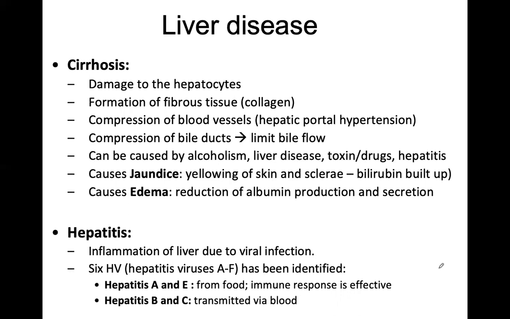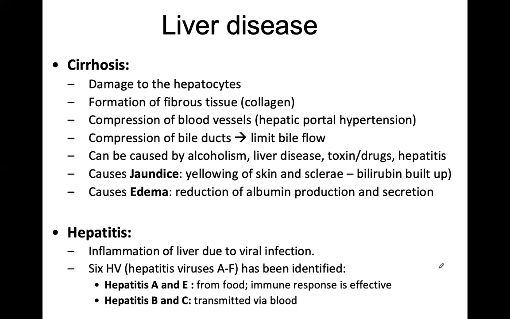Hypertension simply means high blood pressure. It can compress the bile duct, which is responsible for production of the bile, therefore limiting how much bile your body can produce and therefore digest and emulsify fat. The main reason somebody will see cirrhosis is because they are either identified as alcoholics or they have some sort of liver disease like hepatitis.